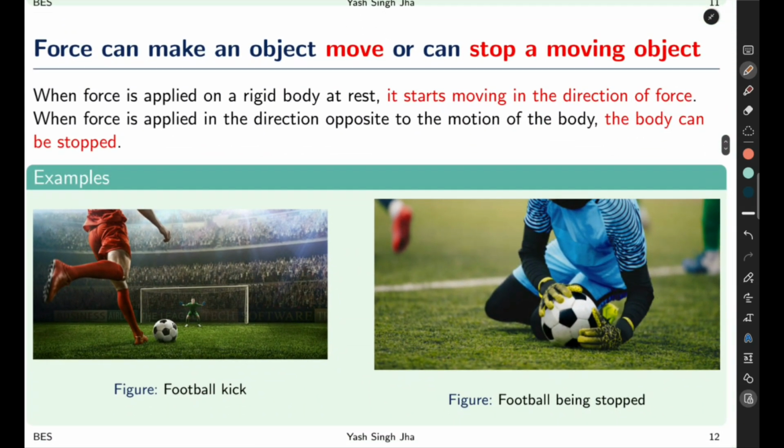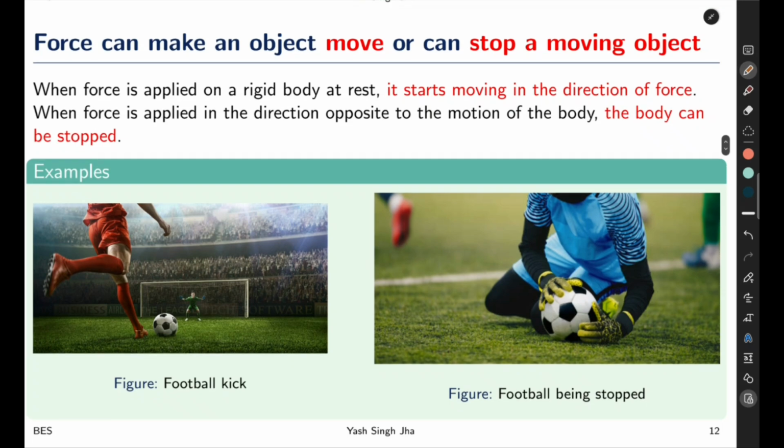Second, force can make an object move or can stop a moving object. We have discussed it already. Let me go over it again. When the force is applied on a rigid body at rest, it starts moving in the direction of the force. An example is a football kick. When the kick is done, the ball moves from a state of rest to motion.